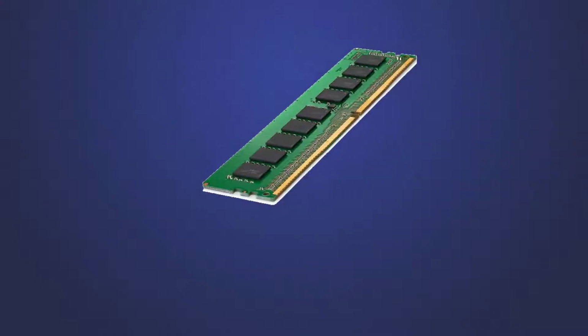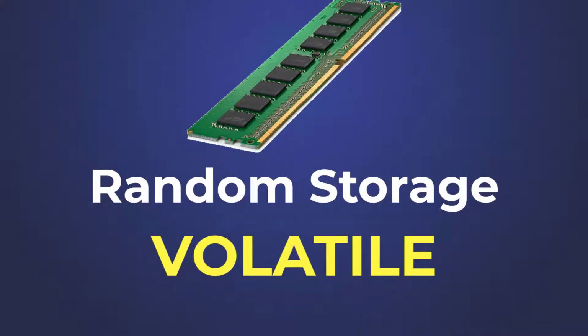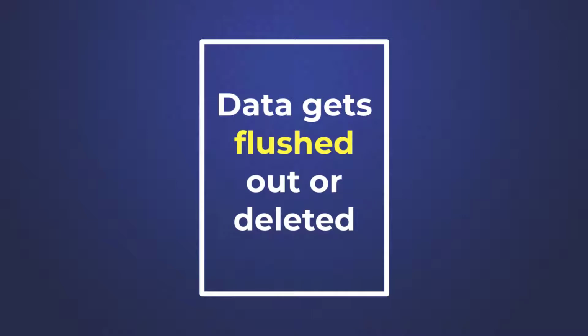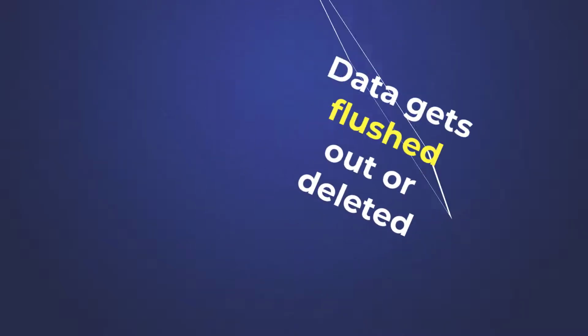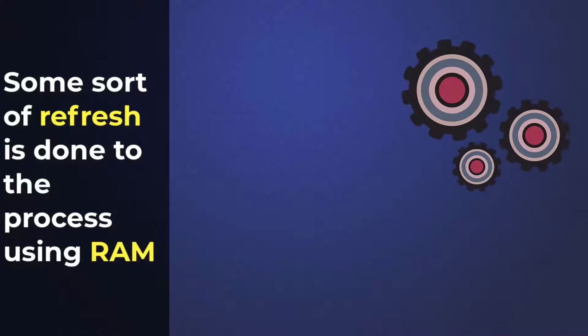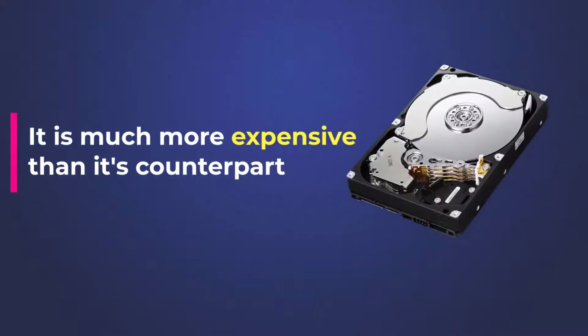The caveat to random storage is that it is volatile, meaning data gets flushed out or deleted once the system is rebooted, or some sort of refresh is done to the process using the RAM. Also, it is much more expensive than its counterpart, the hard disk.